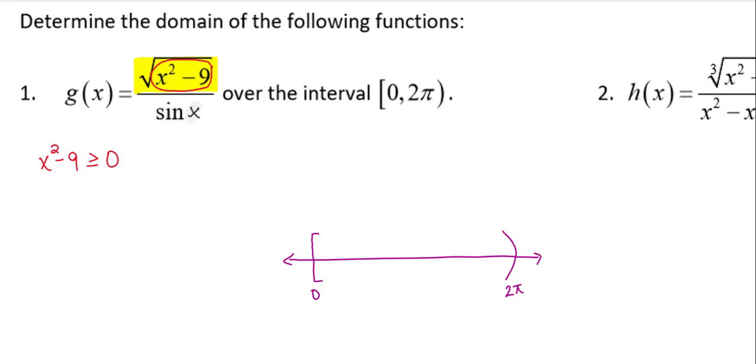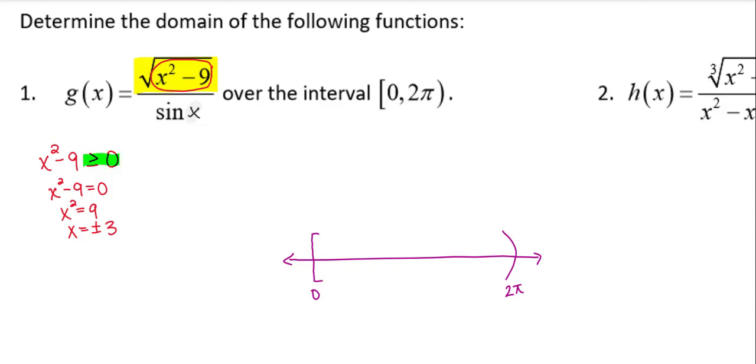If I think about where it is equal to 0, hopefully we can see that x squared minus 9 would equal 0 at plus or minus 3. Well, that's not the question. The question is, where is it greater than or equal to 0?